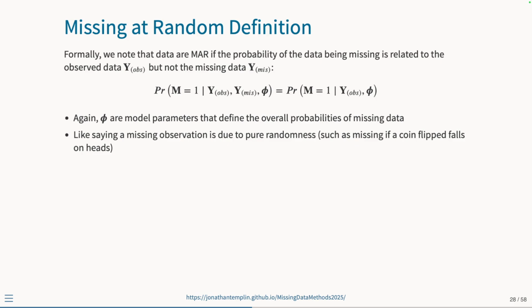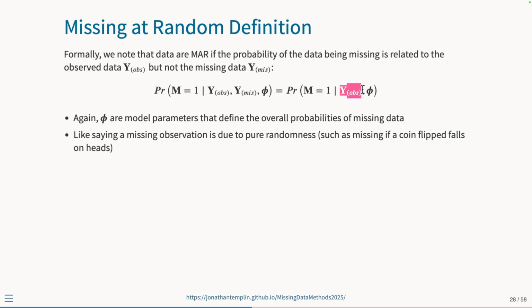All right, the formal definition of missing at random is that this missingness indicator is a function of your observed data, what you have collected, and the missing data model parameters. Again, these model parameters won't exist, but they govern what the rate of missing would be if there was a hypothetical model we could run.